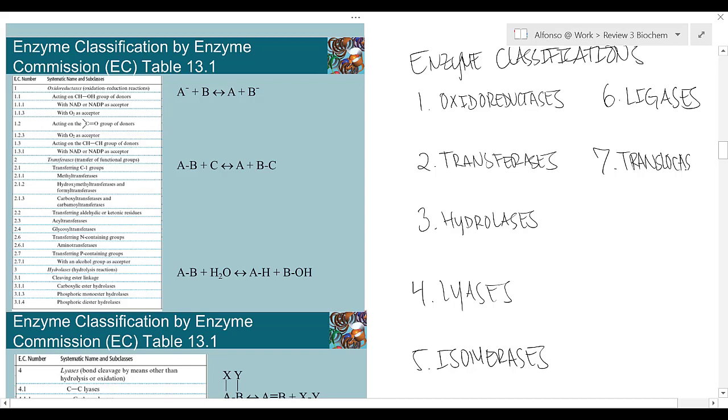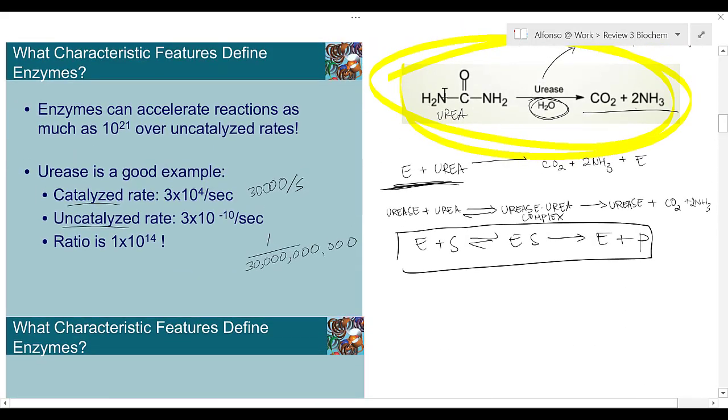All right, so let's back up just a little bit. We were talking about urease, which is an enzyme that uses water to cleave urea into CO2 and NH3. Okay?